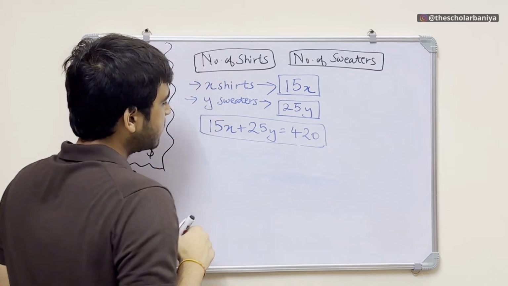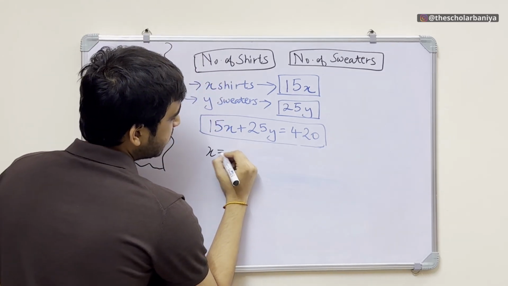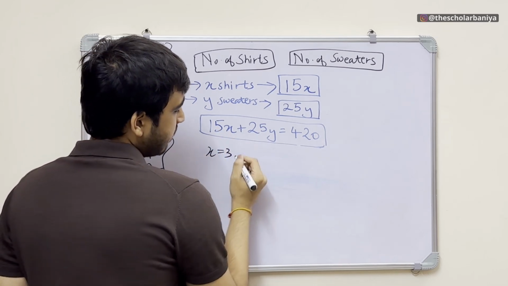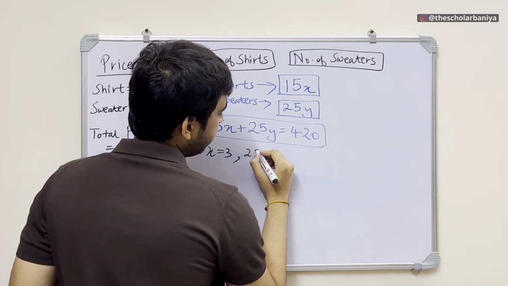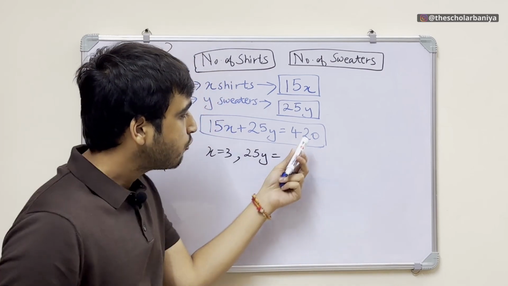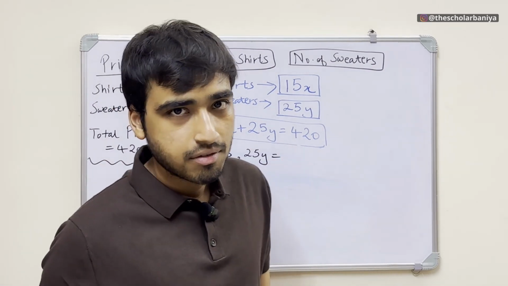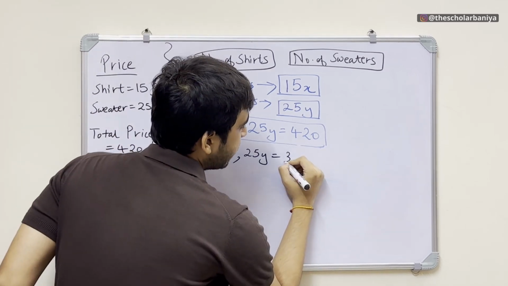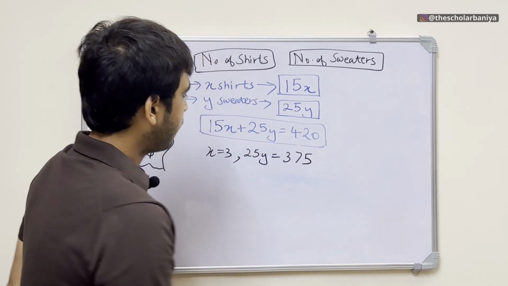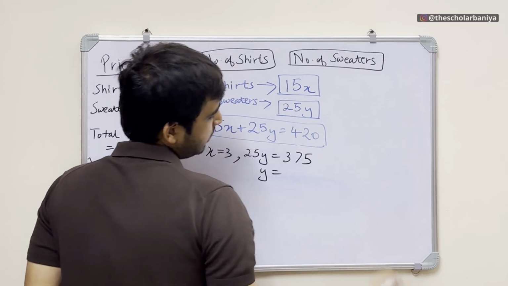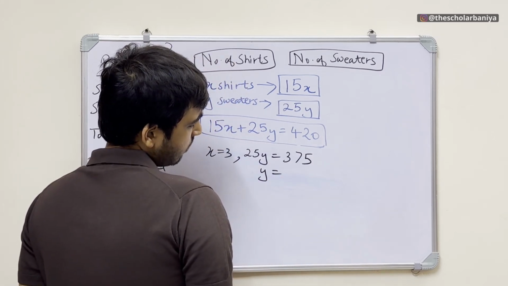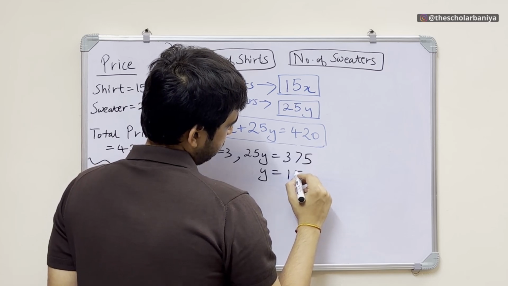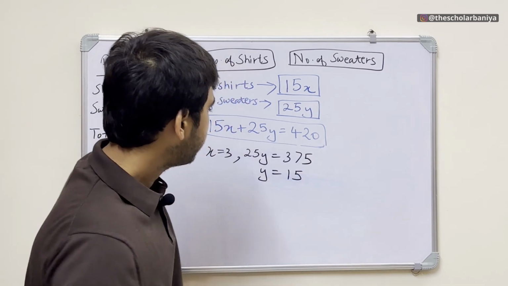Now, for example, let's take X equals 3. If you take X equals 3, this will be 45. So 25Y equals 420 minus 45. So 420 minus 45 is how much? That is 375. So Y from here will be 15.